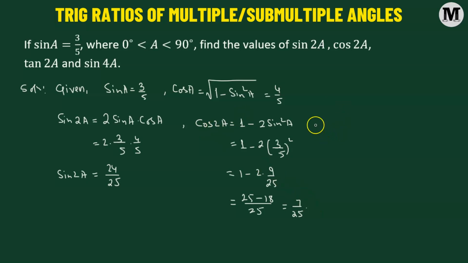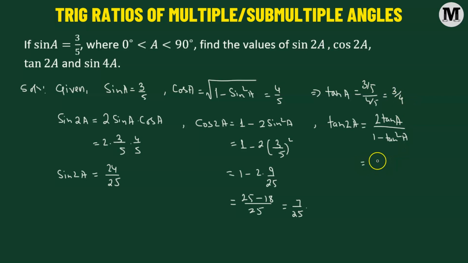Now let's try to find out the value of tangent 2A. Now tangent 2A is very simple, but if we want to use the formula, tangent of 2A will be 2 times tangent of angle A divided by 1 minus tangent squared A. Now we'll have to find out the value of tangent A using sine A and cosine A. Using sine A divided by cosine A, that's the value of tangent of A. So we have 3/5 divided by 4/5 gives us a value 3/4.